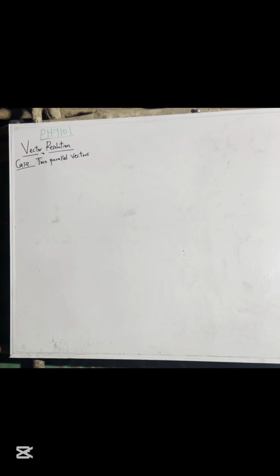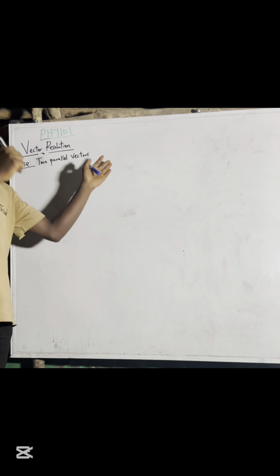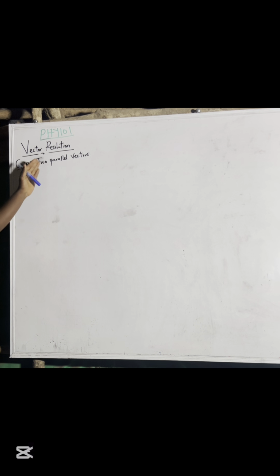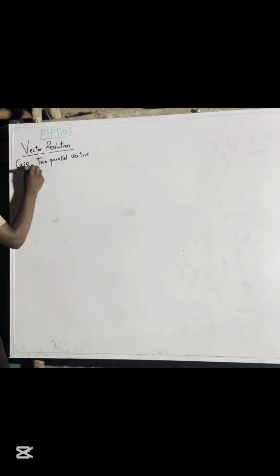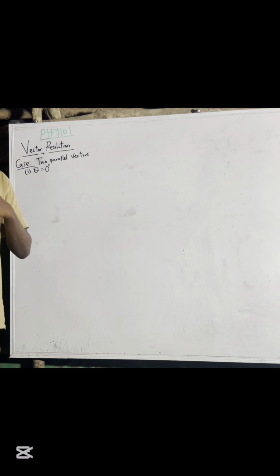So guys, the first case I'm going to be talking about is for what? Two parallel vectors. The first thing you have to understand about this is that for two parallel vectors, number one, their angle theta is equals to what? 0 degree. So guys, if they ask you that for parallel vector, what is the angle between them? The angle is what? 0 degree.